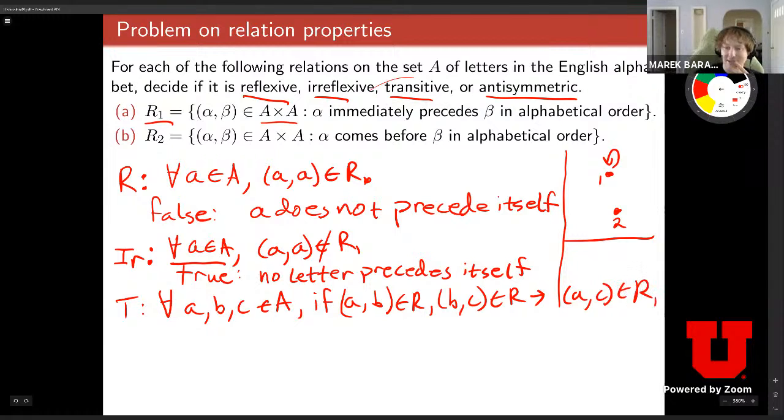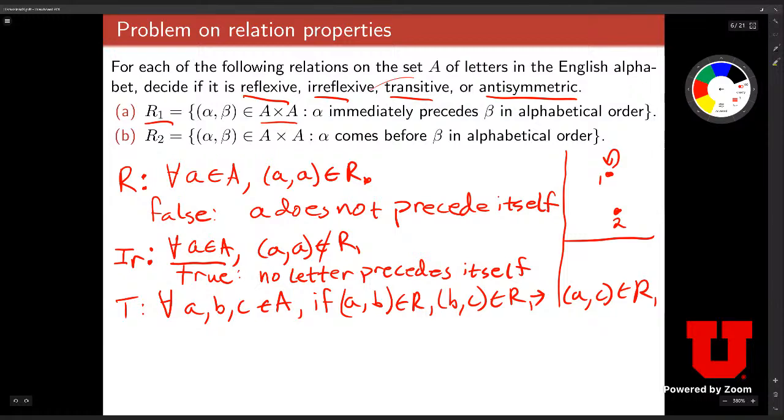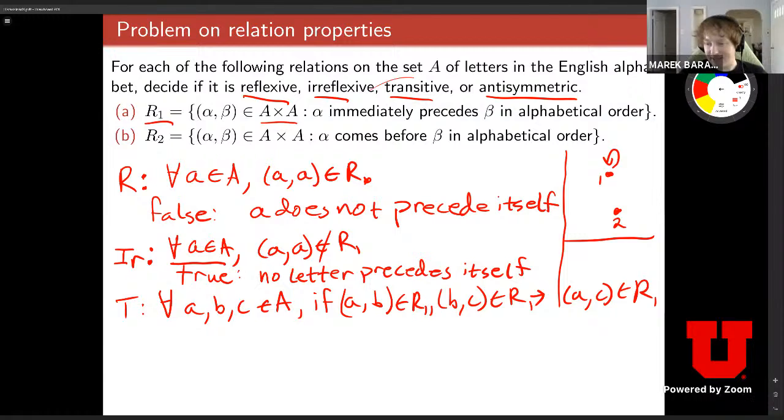I'll just change these to R1. I'll give you a minute to think about that. This one's a little tricky. You want to think about this immediately precedes thing. I'm seeing some answers that are right.